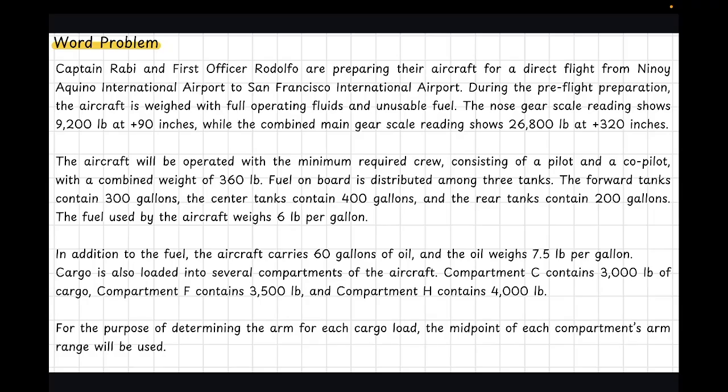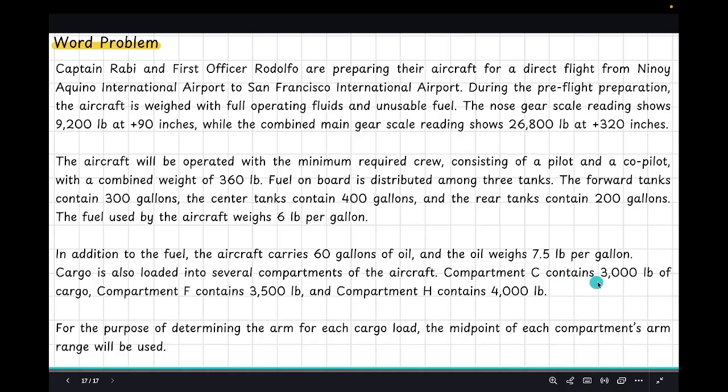Fuel on board is distributed among 3 tanks. The forward tanks contain 300 gallons, the center tanks contain 400 gallons, and the rear tanks contain 200 gallons. The fuel used by the aircraft weighs 6 pounds per gallon. In addition to the fuel, the aircraft carries 60 gallons of oil, and oil weighs 7.5 pounds per gallon. Cargo is also loaded into several compartments of the aircraft.